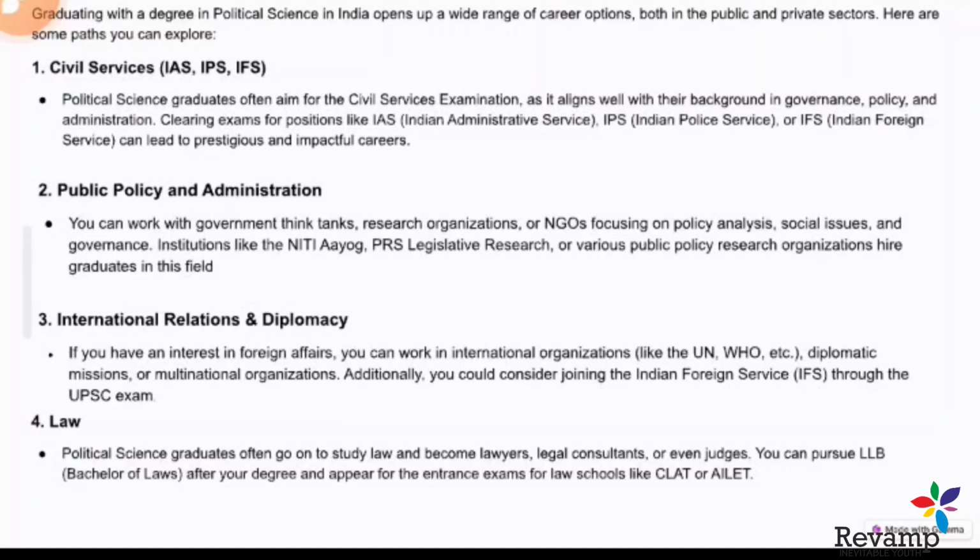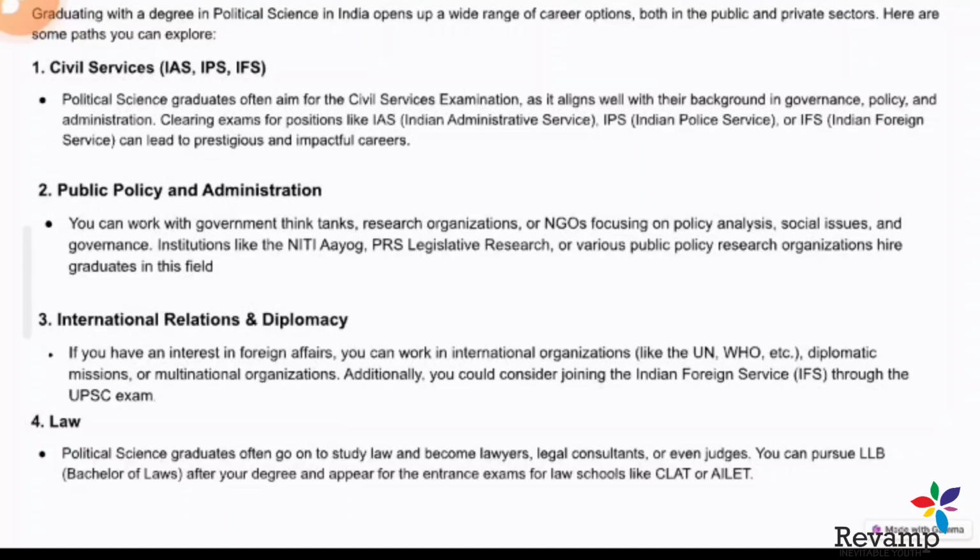In this exam you can choose political science as your optional subject, and in GS paper 2 political science is a whole separate paper. It also helps you a lot in the essay, and in understanding the latest scenarios and political activities.